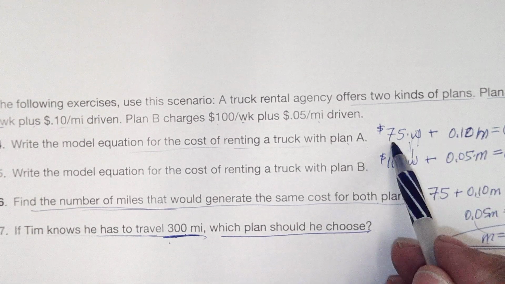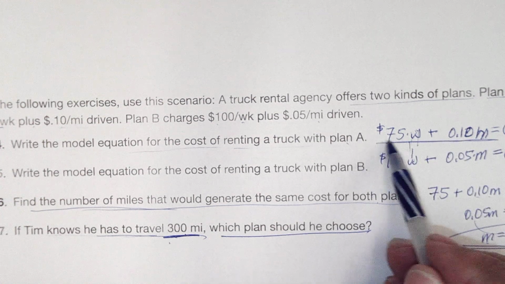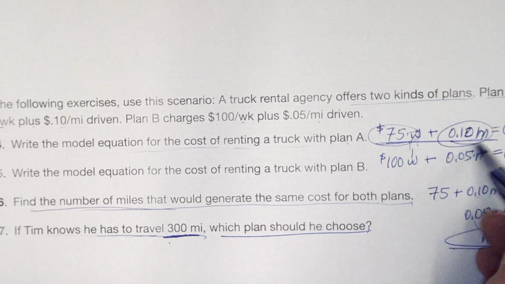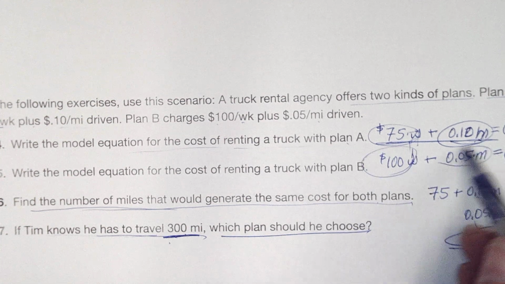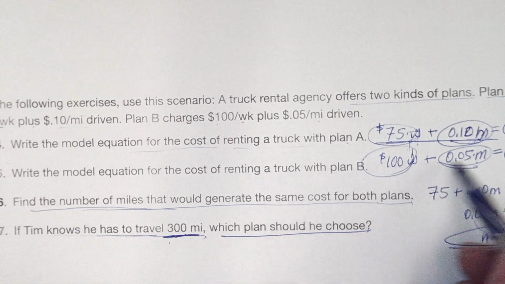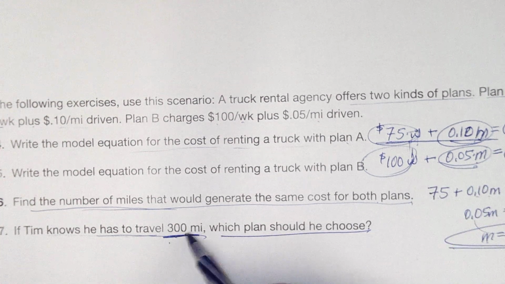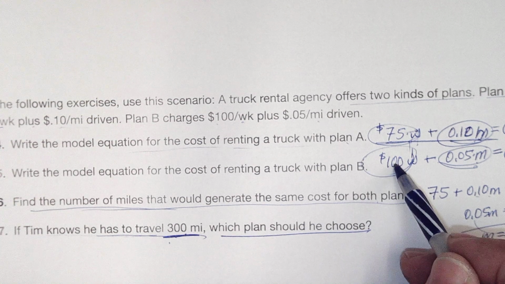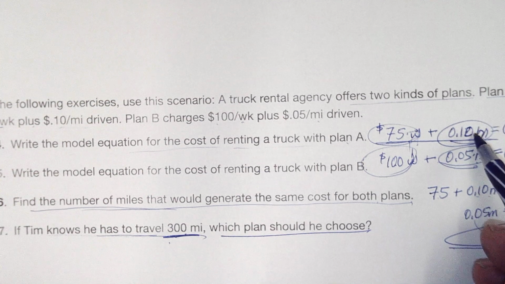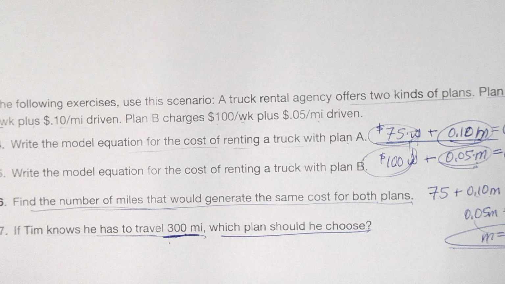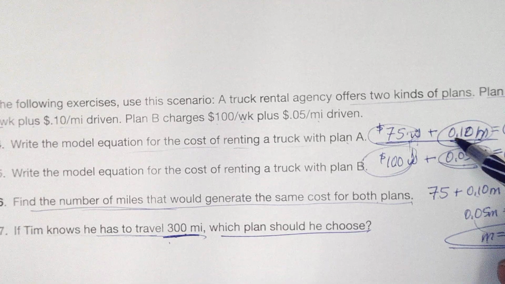So this plan that charges only 75 and 10 cents per mile would be less than the plan that's $100 and 5 cents a mile for fewer miles. They're both the same at 500 miles. So this one will be less for more miles. This one will be less for less miles.